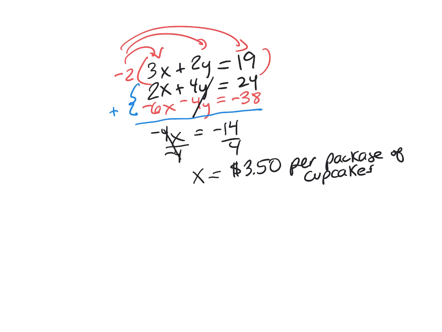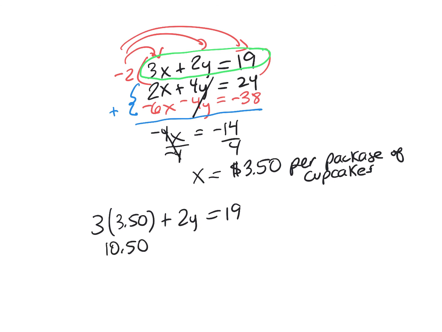To find your package cost for brownies, you plug back into one of your equations. So why don't we pick the top one before you modified it? So we'll say 3 times 3.50 plus 2y equals 19. So you've got 3.50 times 3, which gives you 10.50, plus 2y equals 19.